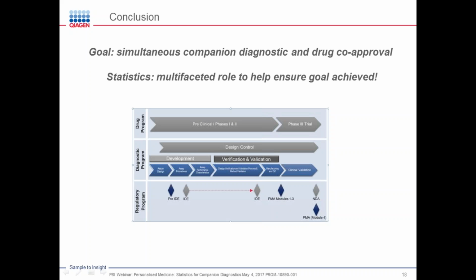And so throughout this process, statistics obviously has a multifaceted role, many different inputs, looking not only at assays but also at instrumentation, also looking at complete workflows, and working with our partners throughout, and also including joint working during the clinical bridging stage as well, if that's required.